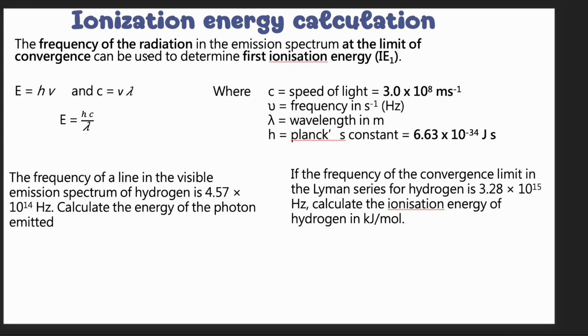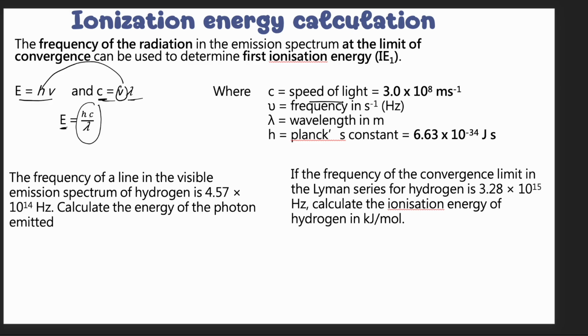This is to calculate the ionization energy, okay? Planck constant times frequency, so we also need the frequency. We can also calculate the frequency when the speed of light and wavelength are known, okay? And when we combine these two formulas, we get Planck constant times speed of light divided by wavelength to calculate the ionization energy, right?